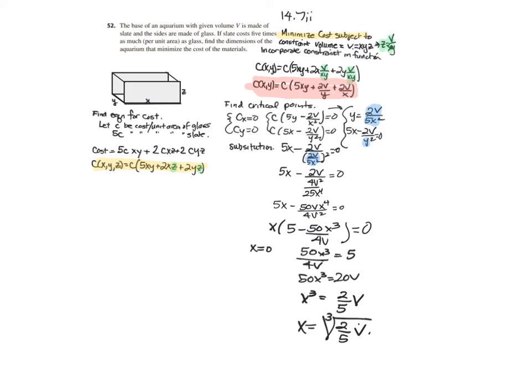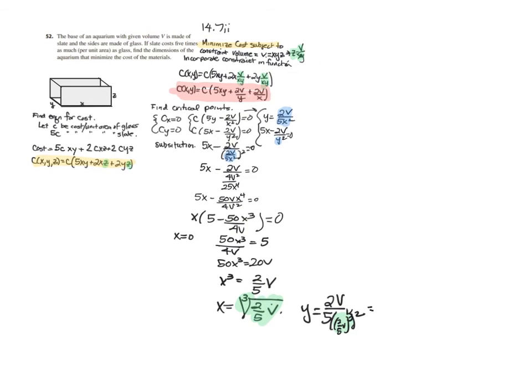Okay. Find the corresponding y that goes with it right here. So y equals 2v over 5x squared. And so we're putting this in here. And so that's 2/5 v, 2/5 v to the 1/3.